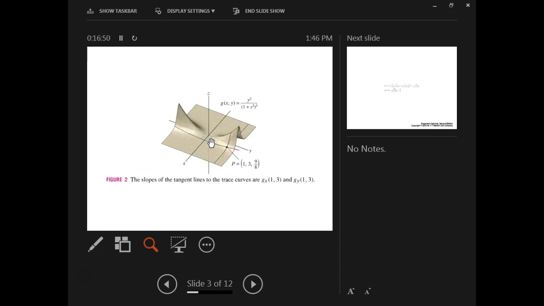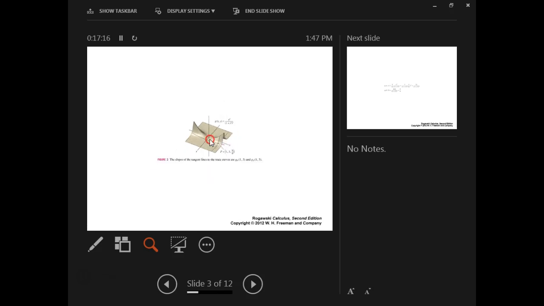Calculate g sub x at 1, 3 and g sub y at 1, 3, where g of x, y is equal to y squared over 1 plus x squared to the third power. So we want to calculate the partial of g with respect to x and the partial of g with respect to y. So I'm going to shrink this back down again.